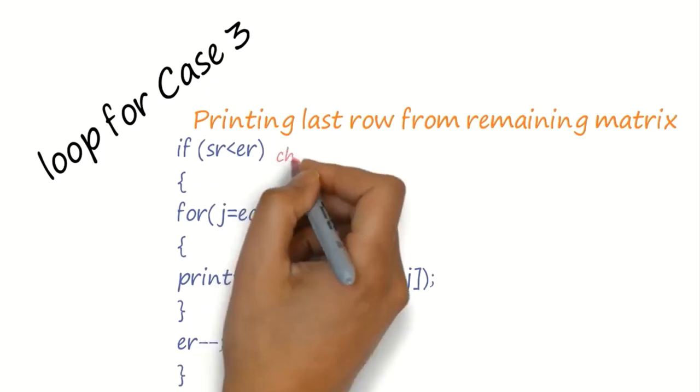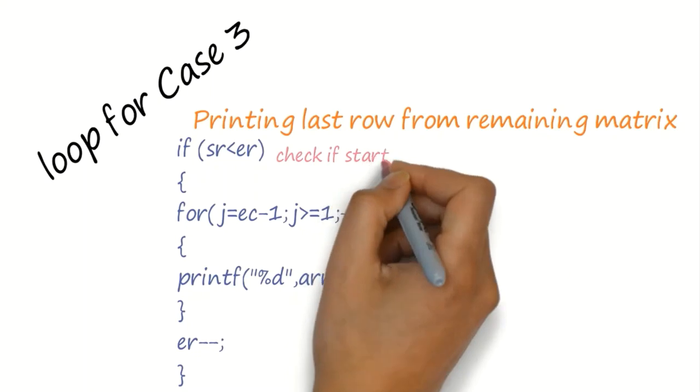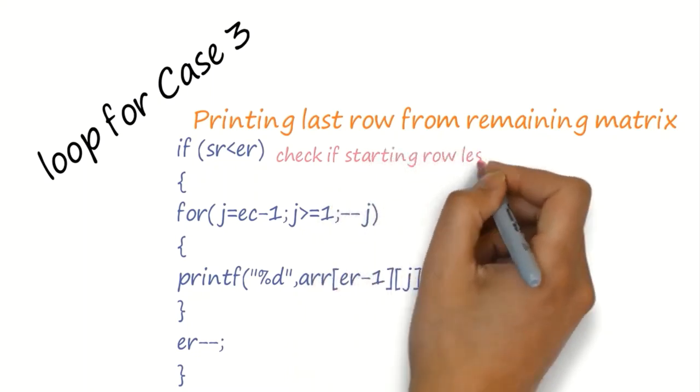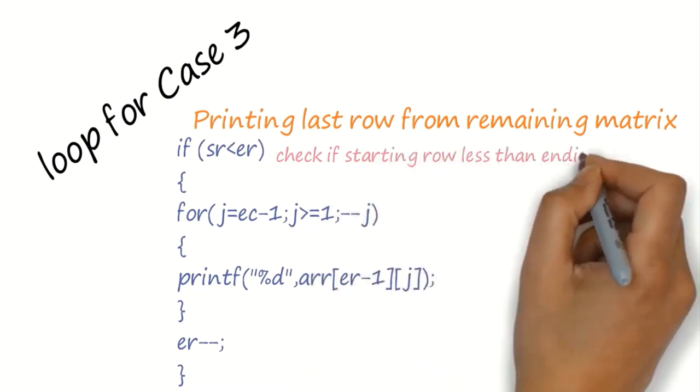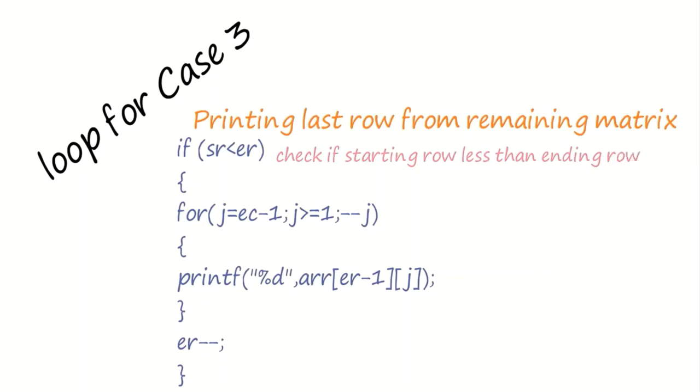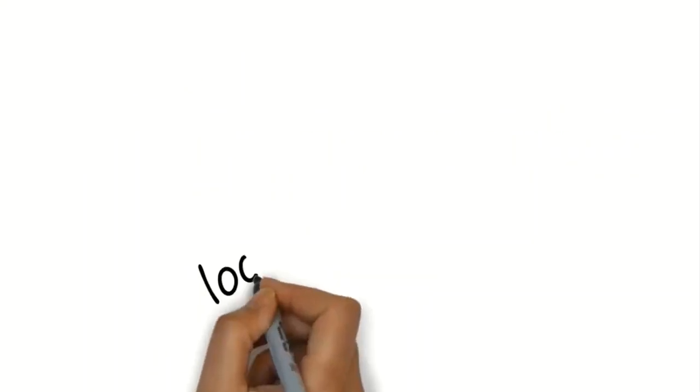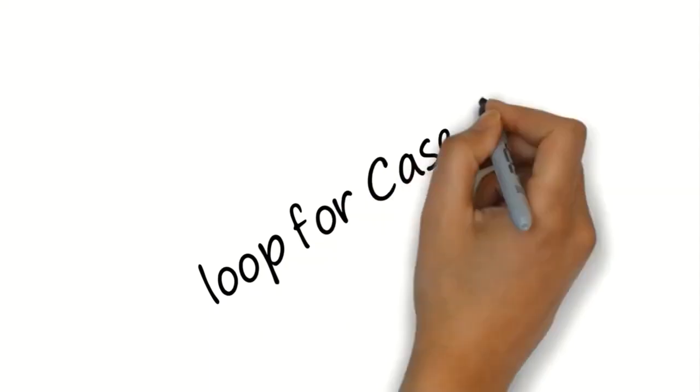So it will become EC - 1. And the loop will be decremented by 1, and in this case the row will be fixed and the column will be changing, and the row will be ER. And since after completion of the loop we have to proceed to the next internal row, it will be ER--.